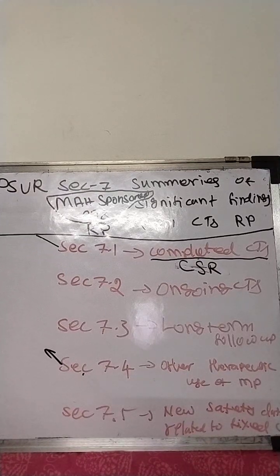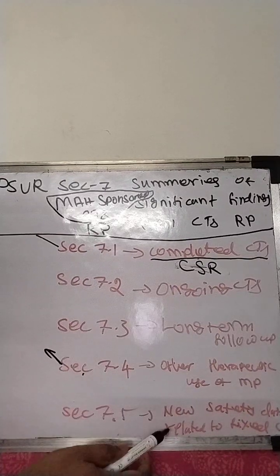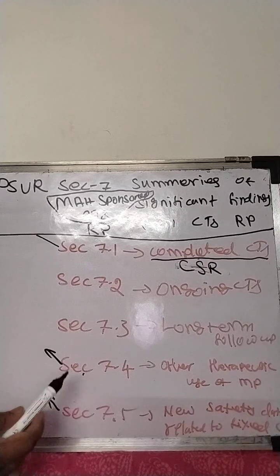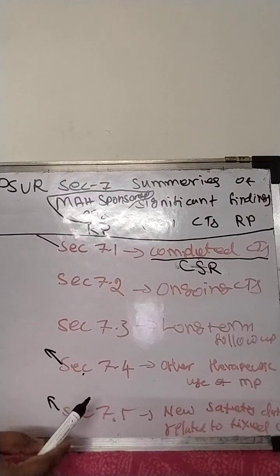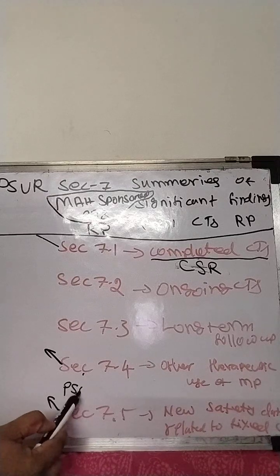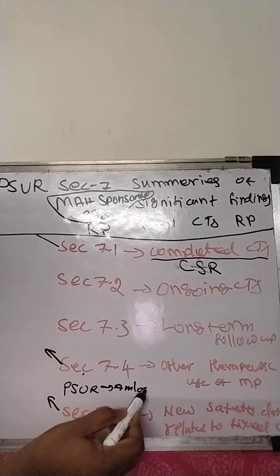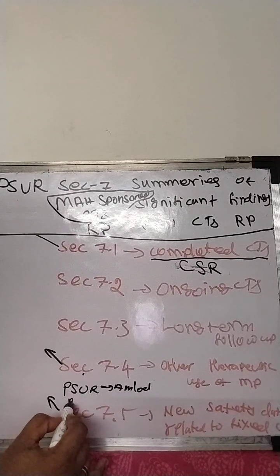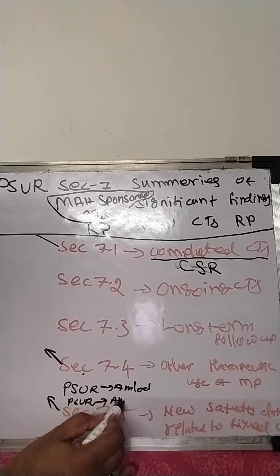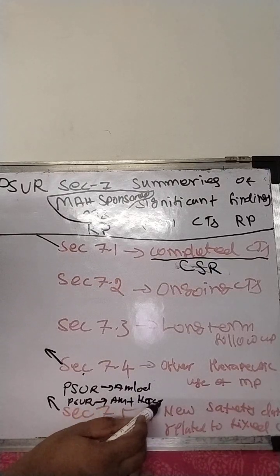And in section 7.5, new safety data related to fixed combination products. To give a very simple example, suppose you are writing a PSUR that contains just amlodipine, and you have another PSUR as the MAH for amlodipine with hydrochlorothiazide.